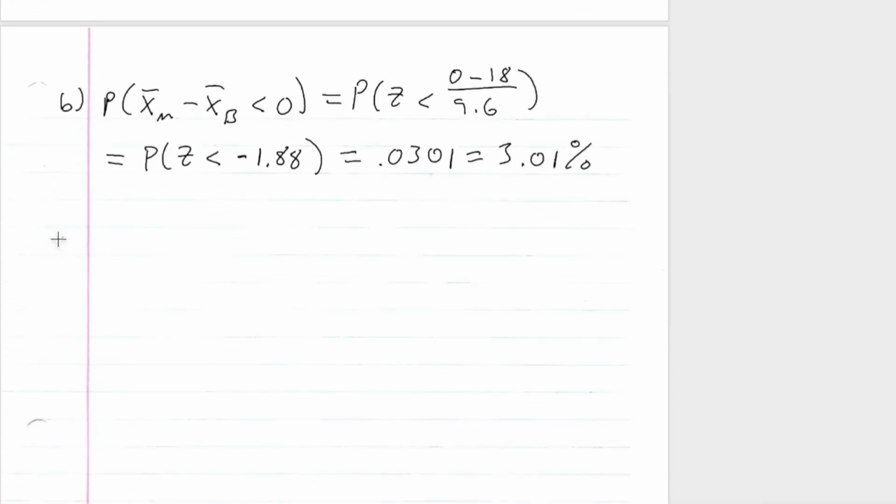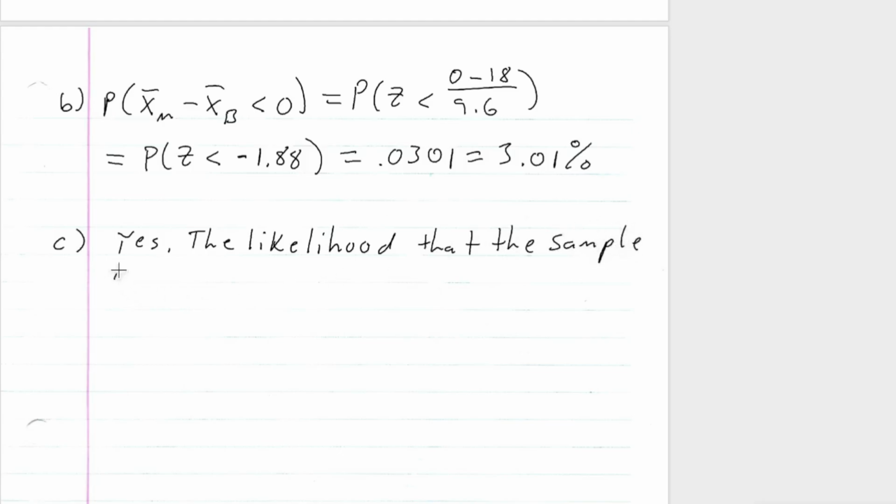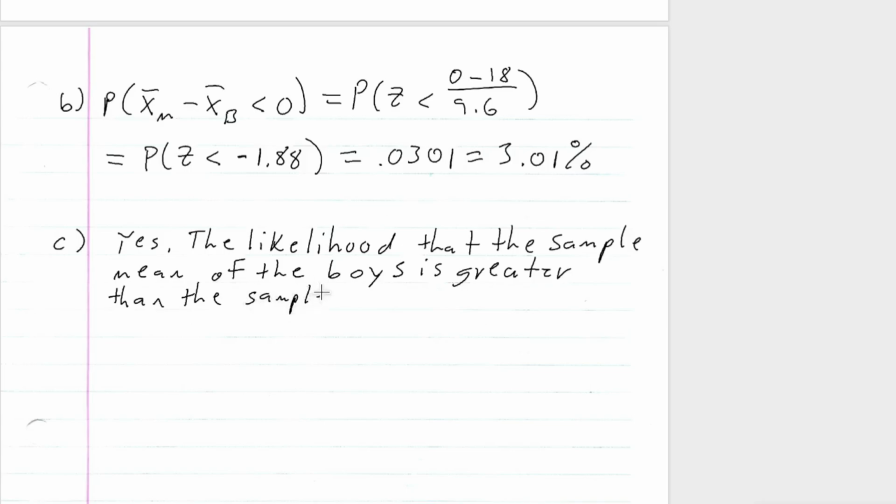So part C is yes, the likelihood that the sample mean of the boys is greater than the sample mean of the men is only 3.01%.